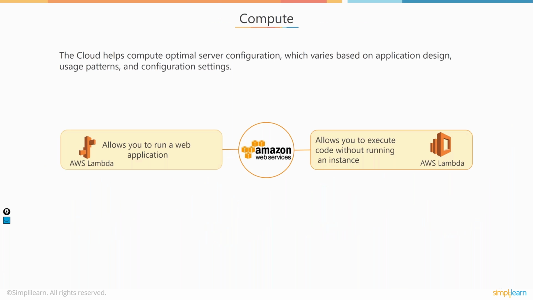In the compute, finding the optimal server configuration, or the amount of RAM and CPU that you require, can be a little bit challenging, and AWS gives you optimal server configuration for the product in the cloud that can be based on the application design. Maybe you have different usage patterns, or configuration settings. Additional IT infrastructure can involve estimating in advance, which can lead to incorrect server configurations and lower performance efficiency.